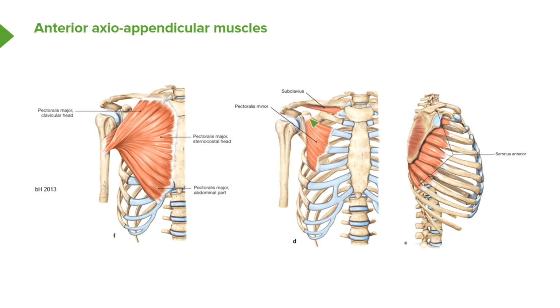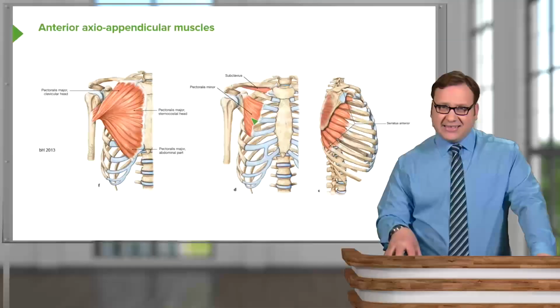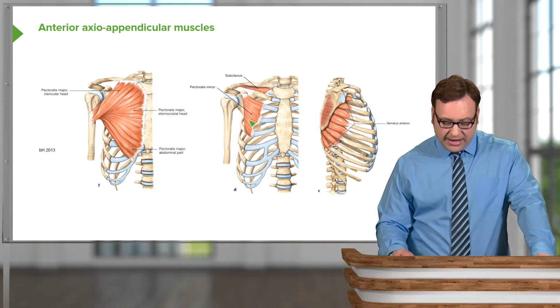So here it's now important to remember those bony features I was talking about in the first lecture. We can see we've got pectoralis minor running up towards the coracoid process, and that lies deep to pectoralis major.